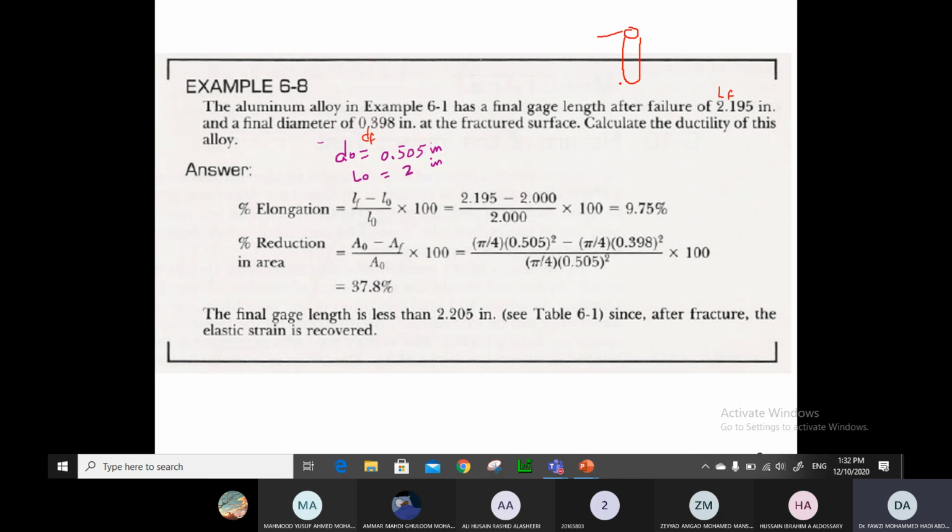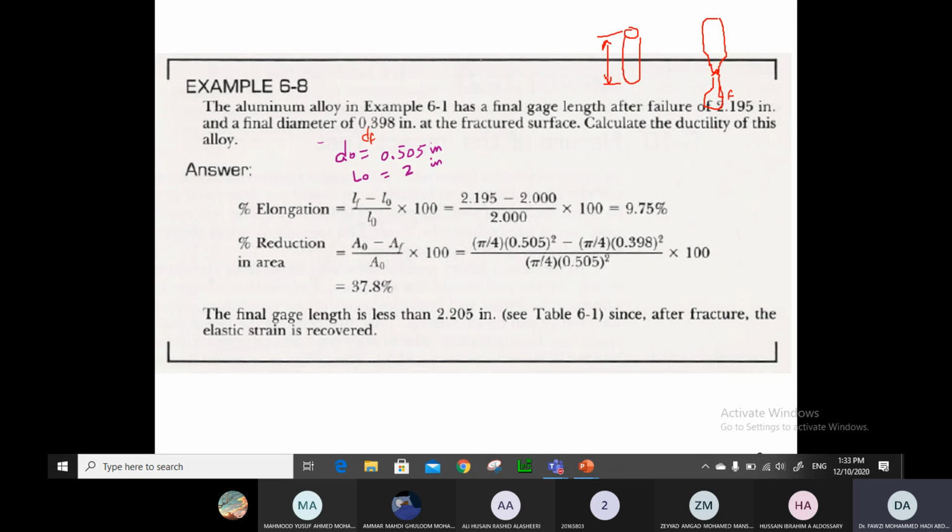Before doing the test, we took the initial length, and we took the initial diameter as well. And then after doing the test, the specimen went through fracture, actually, you had that cup cone failure, if you remember. So this is a tensile failure. Then when this happened, we put it together like that.